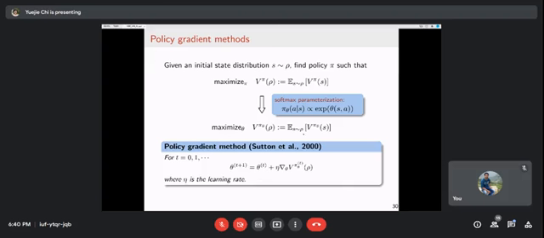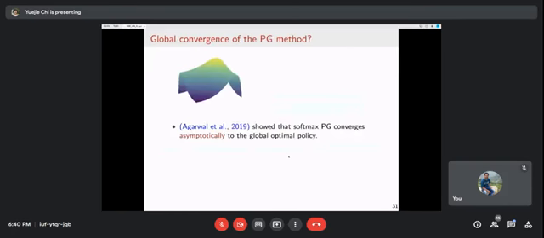We'll be mostly studying this population version, meaning we'll be thinking these expectations embedded in the value function can be evaluated perfectly, assuming we have perfect model information, but just focusing on the optimization perspective. So if we assume we have exact gradient evaluations, how can we guarantee the convergence of this policy gradient method?